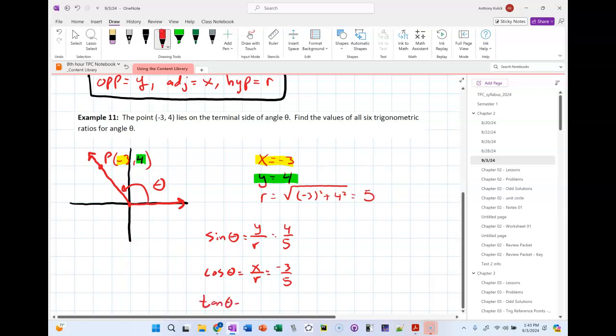And tangent theta is y over x, so 4 over negative 3. Now remember, cosecant theta is the reciprocal of sine, right? So I can just write 5 over 4. I don't have to go back to that other definition. I can just still use these reciprocal rules here. So secant is negative 5/3, and then cotangent is negative 3/4.